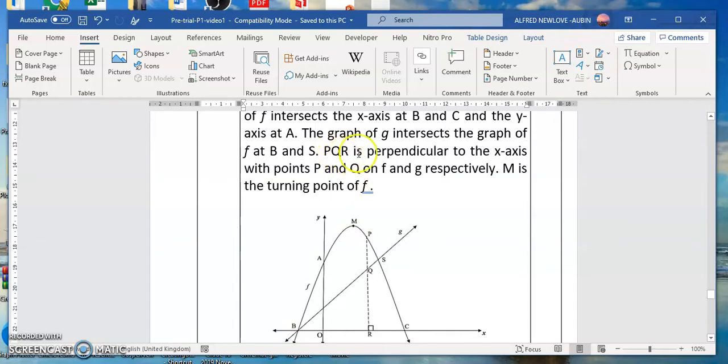Then PQR is perpendicular to the x-axis. Perpendicular to the x-axis means it creates an angle of 90 degrees on the x-axis. And this is the symbol.